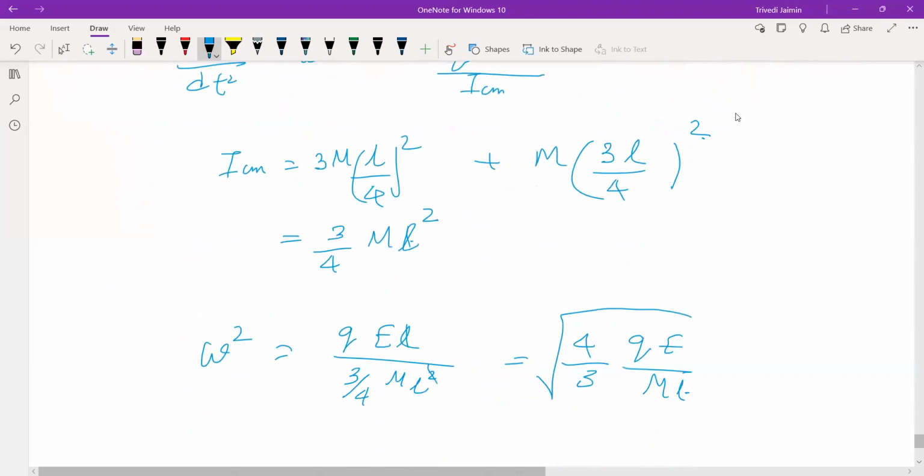So we need to find I center of mass: mass into length square, where length is L by 4 and 3L by 4, squared.